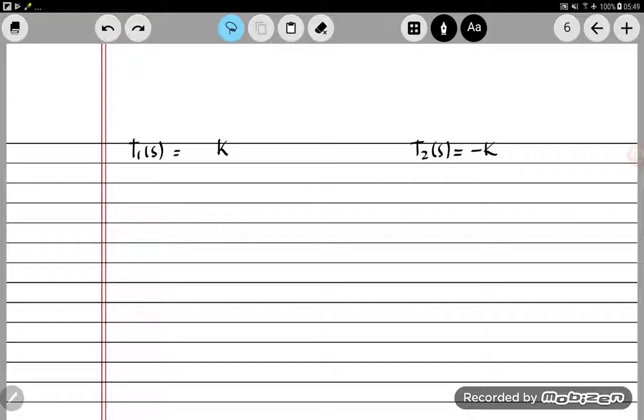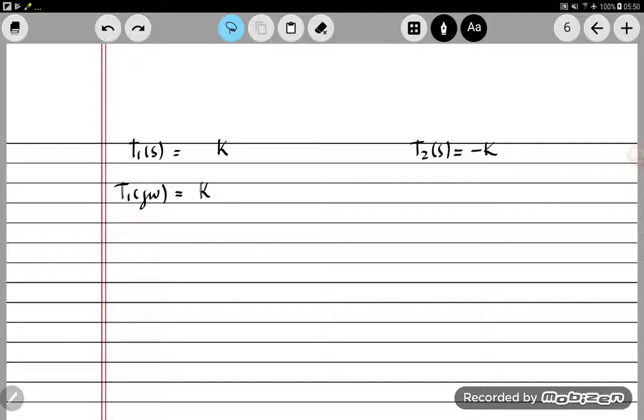So let's consider the first transfer function when it's a positive constant. Of course, the first step is to set S equal to j omega to get the frequency response transfer function. That is then again K, because this transfer function is not a function of frequency.